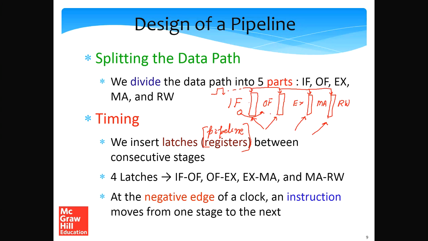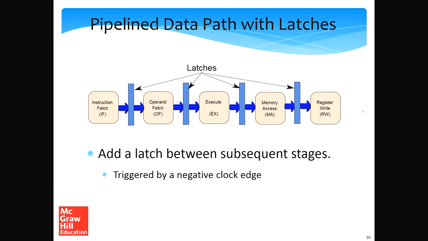So at every negative edge of the clock, instructions move from one stage to the other, and at the end, they go out of the pipeline, means that they finish their execution. So this is what our new diagram looks like, that we have these pipeline latches.